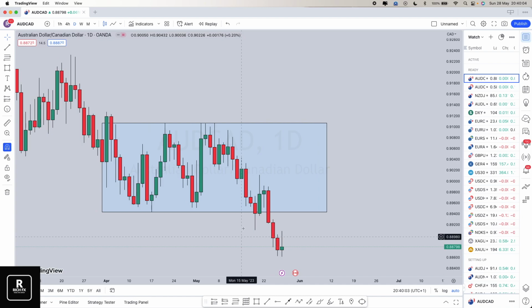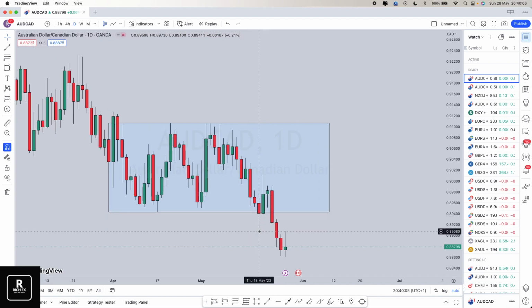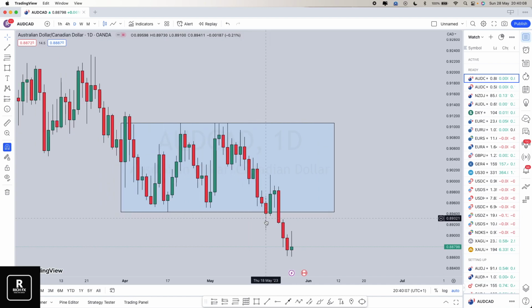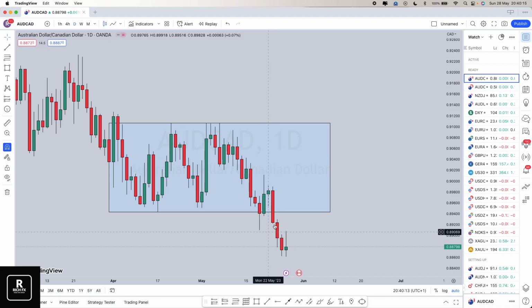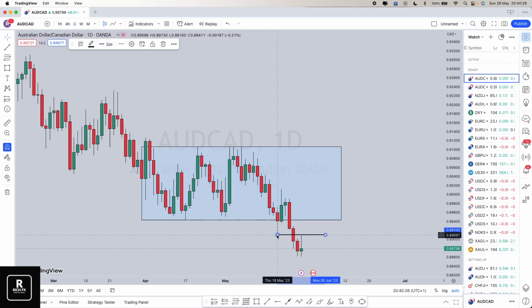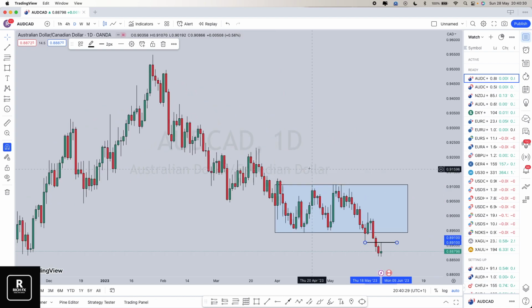It just about came out with a wick to the bottom half of it, and basically retested the box, and it has now officially come out of the box. You can say it's actually broken structure, as you can see here. This would have been the last low, and you can see it's clearly broken below it. So you can say this is a break of structure towards the downside, and we're continuously still looking for sells.